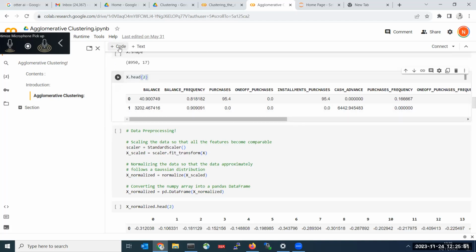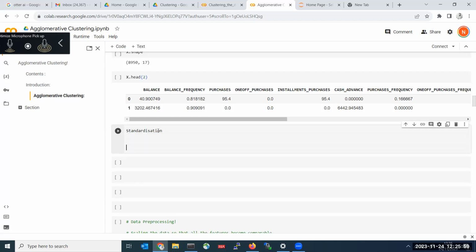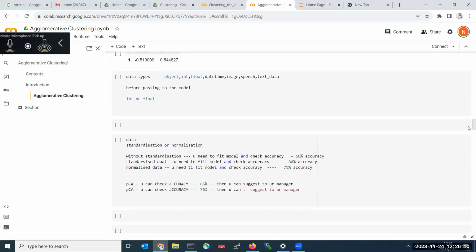standardization and normalization. We need to discuss this standardization and normalization. Let us see the formula for standardization and the formula for normalization.